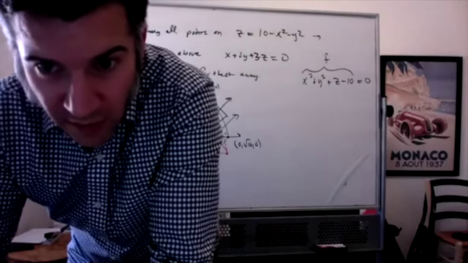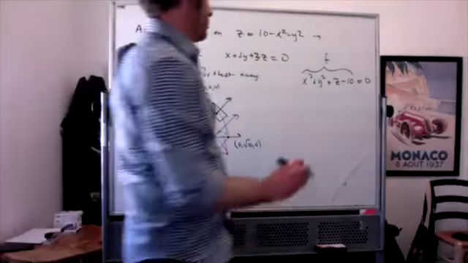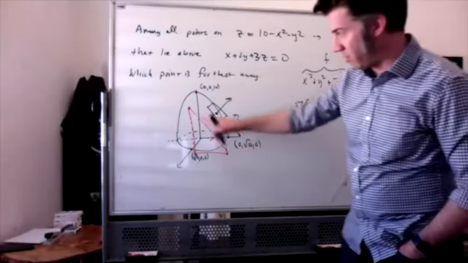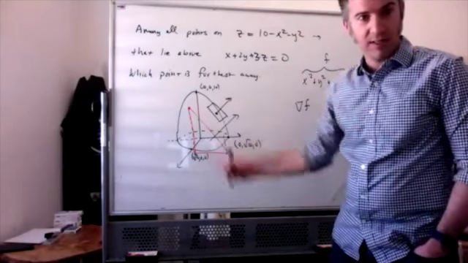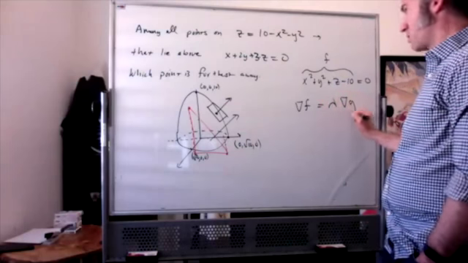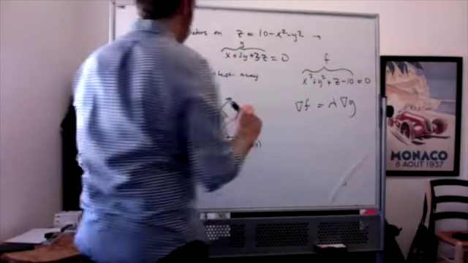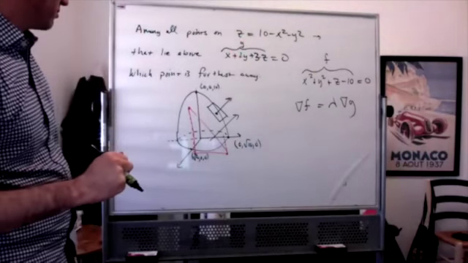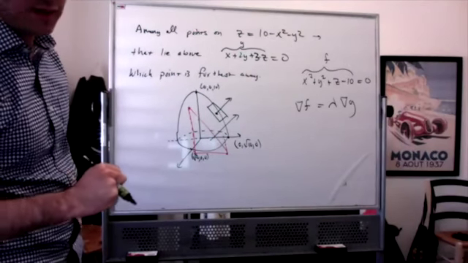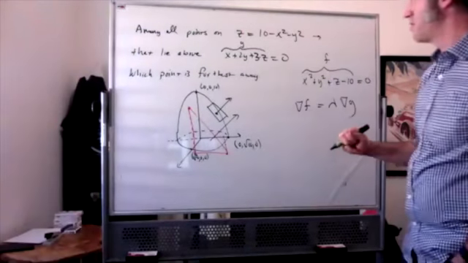But what we want is for the gradient of f to be parallel to the gradient of this here. I feel like I'm hand waving something here, but maybe not.